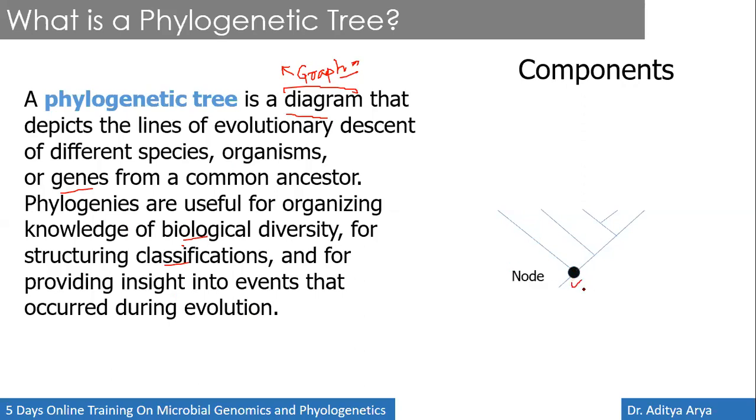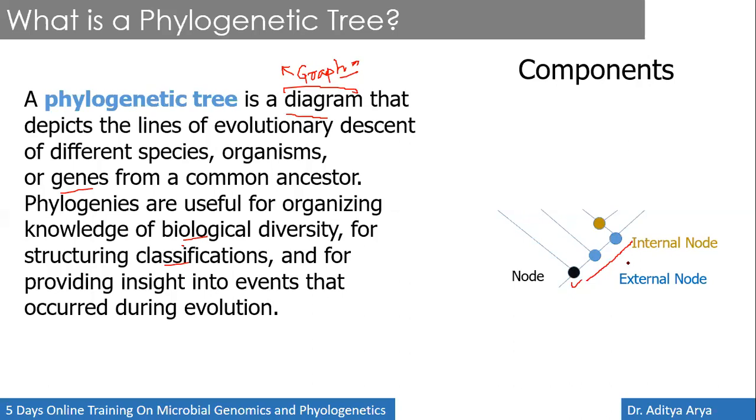There can be several nodes in a tree. Those nodes which are having only one branch, from the side away from the root, are called external nodes. But if there is a branch coming out and there is another branch, then that type of node is known as an internal node. So we have nodes from where branching takes place.